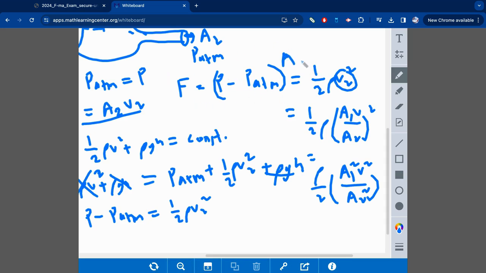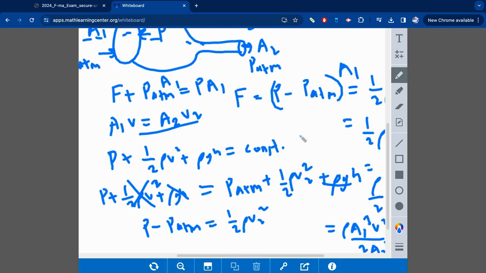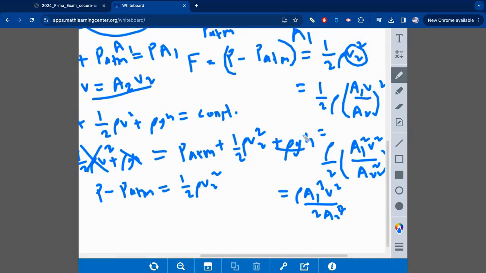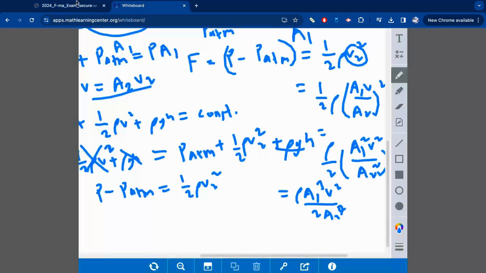So it's going to be times A1, because that's the region at which the pressures are acting. So this would be rho A1 cubed V squared over 2 A2 squared. So in fact, it'd be this times A1. And so the answer is rho V squared A1 cubed over 2A2 squared, which is D.